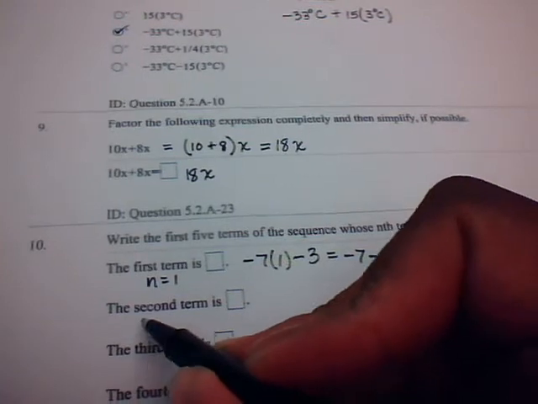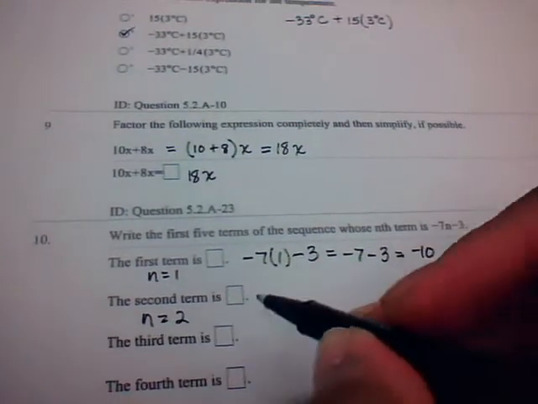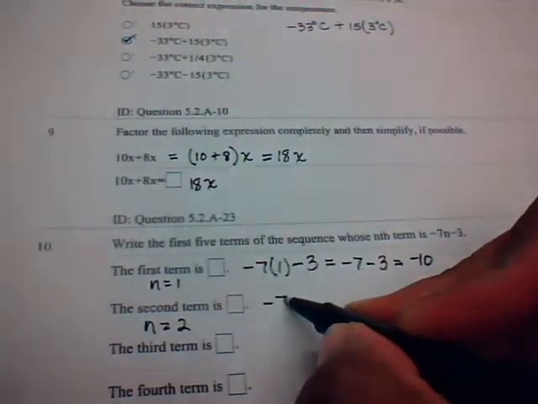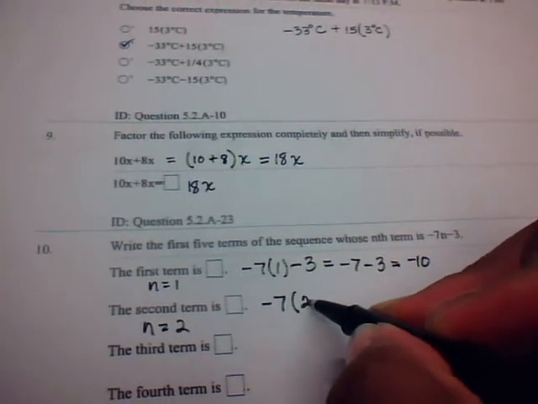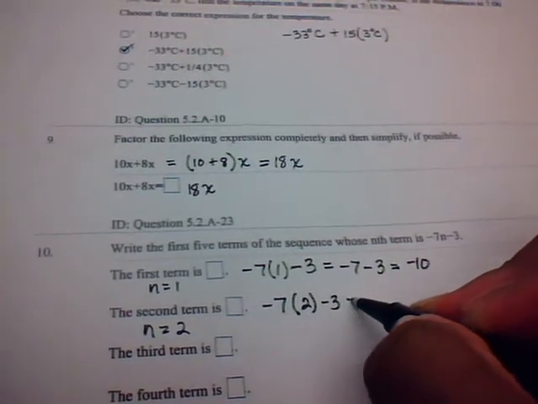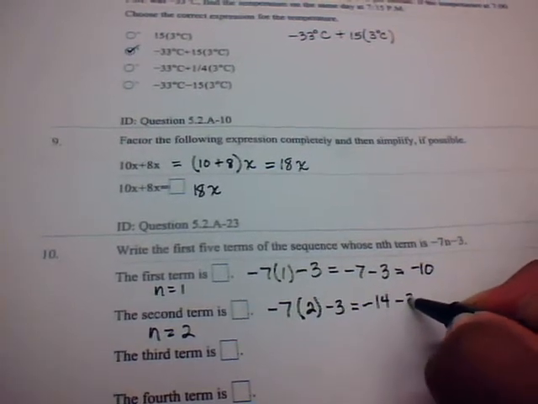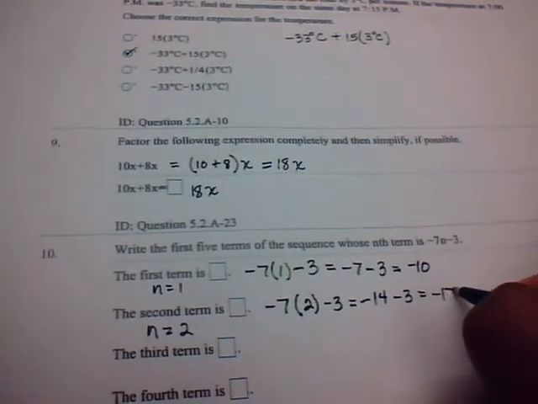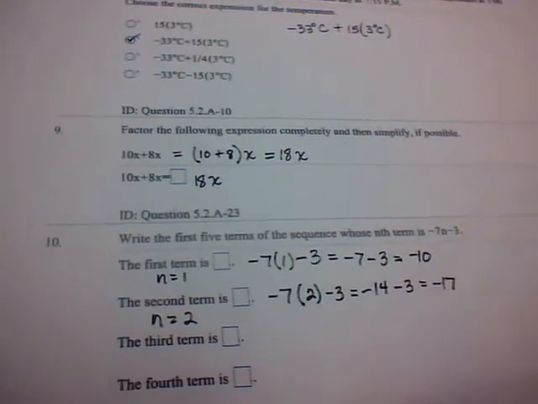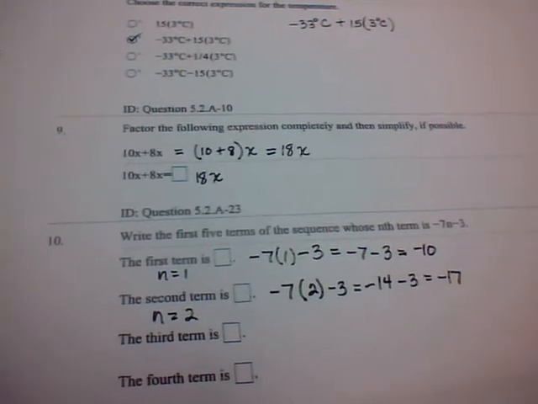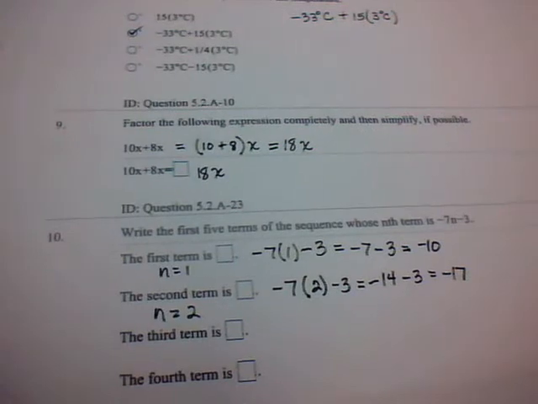And then the second term would be n is equal to 2. So that means negative 7 times 2 minus 3. And negative 7 times 2 is negative 14. Negative 14 minus 3 would be negative 17. So the second term is negative 17.